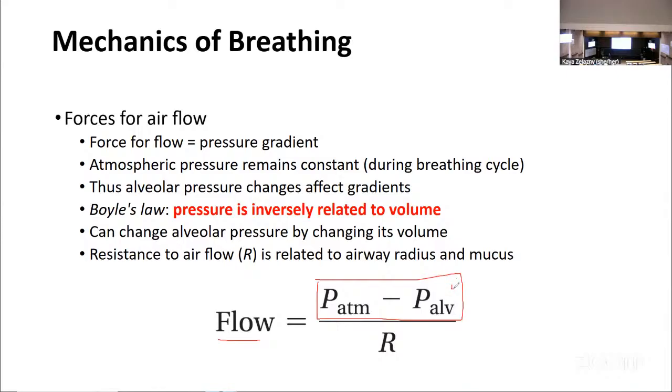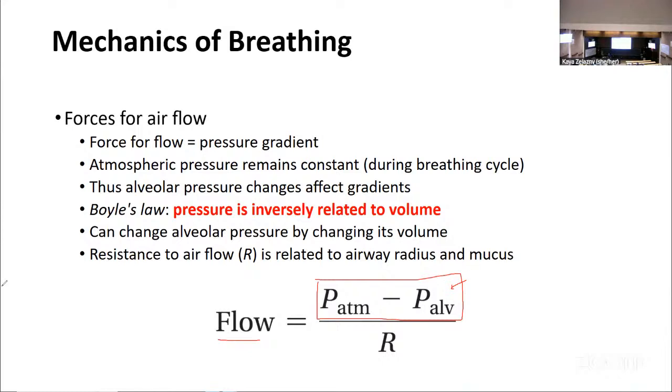As we expand the chest cavity, that's going to create a drop in pressure. And then when we compress, the opposite happens. When you compress something, that raises the pressure, and that's how we flip our alveolar pressure between negative and positive, and so how we flip our body between breathing in and breathing out.